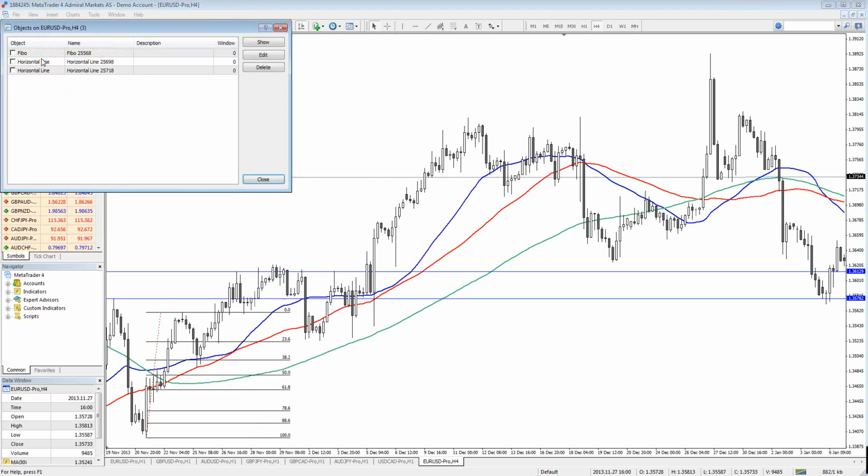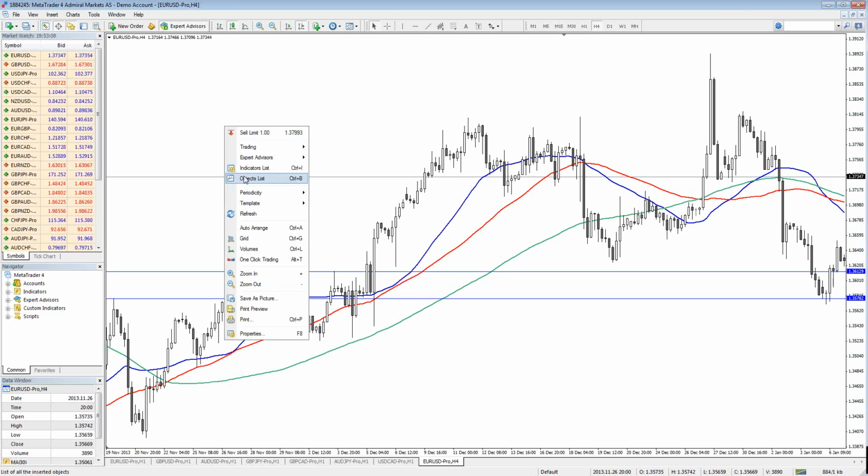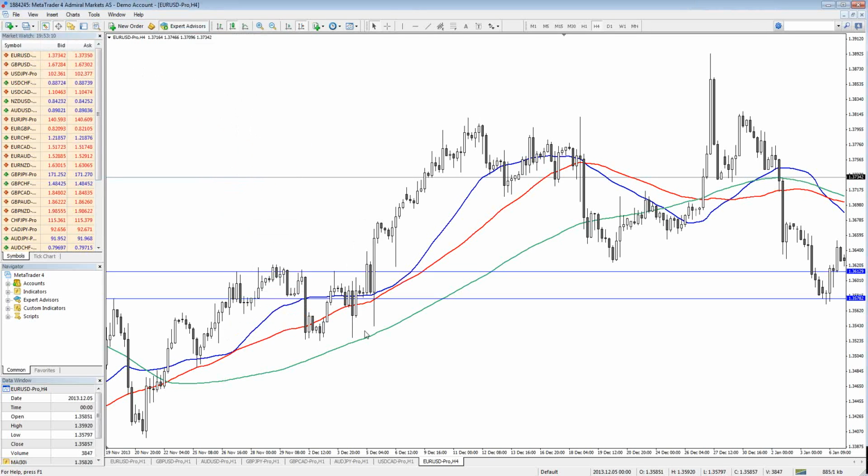Now we need to remove Fibonacci, well, we don't need to, but just for the sake of this presentation. So this was the level, this was the high. Now the price started to retrace here. As I said, we want a confluence of SMAs and Fibonacci. Then we draw again from last swing low to the last swing high.